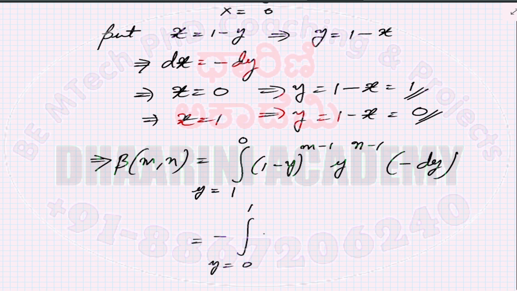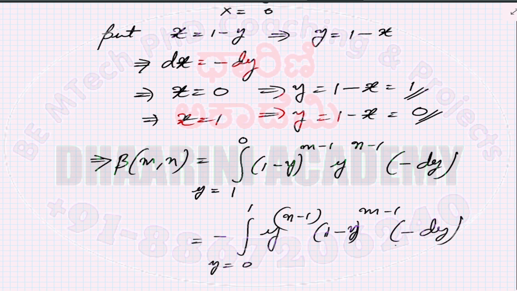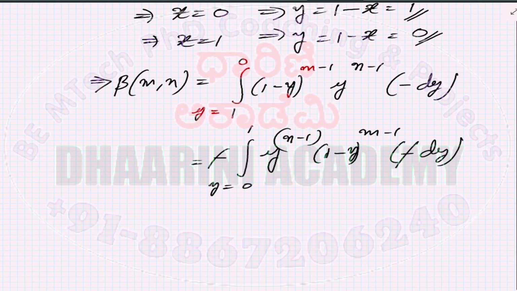Now I write the y term first: y to the power n minus 1 into 1 minus y to the power m minus 1 into minus dy, out of which I cancel this minus and minus. So now this is equal to the integral 0 to 1 of y to the power n minus 1, 1 minus y to the m minus 1 dy.